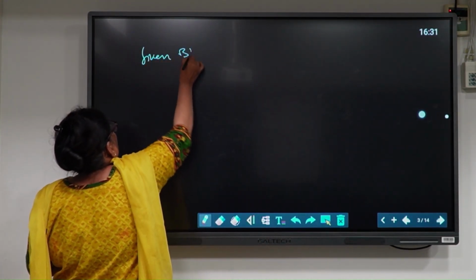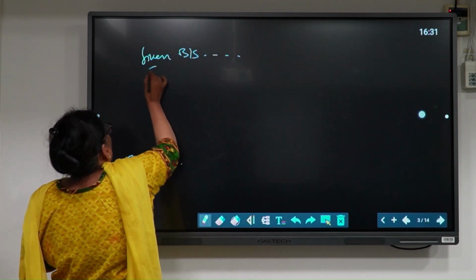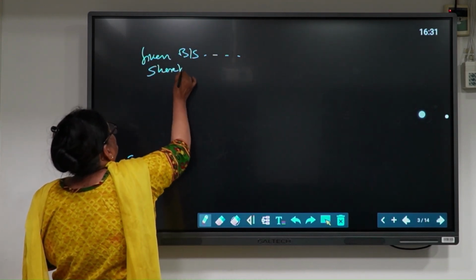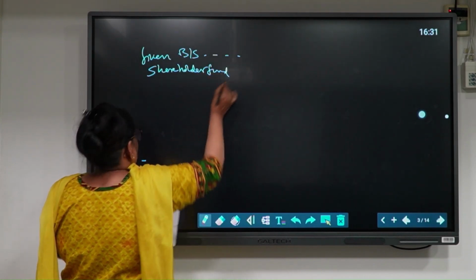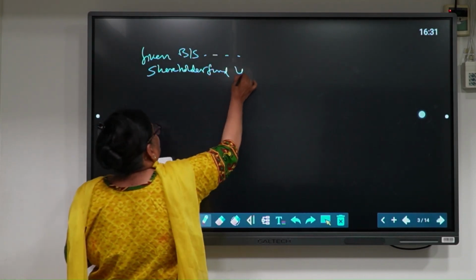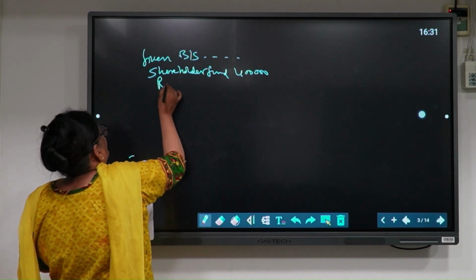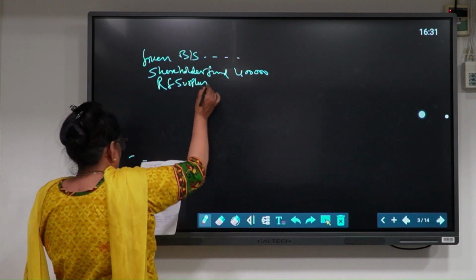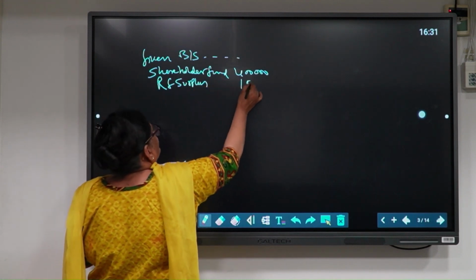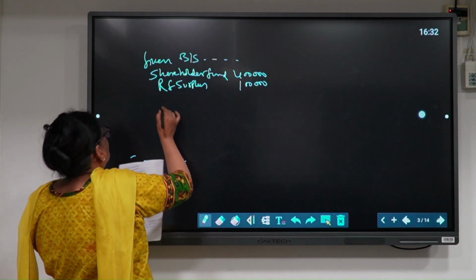given is the balance sheet. Okay. Now shareholders fund. Shareholders fund is 4 lakhs given to us. Then reserve and surplus. Reserve and surplus 1 lakh is given to us. Then non-current, yeah.